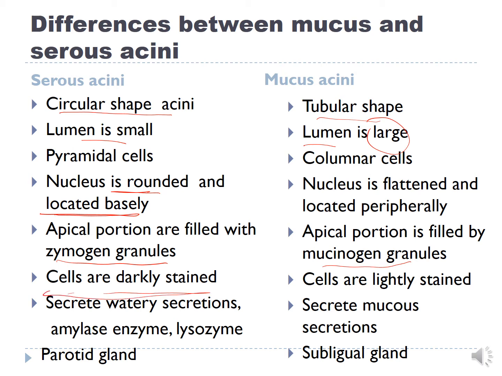The apical portions are stained pink due to the presence of zymogen granules, while the basal portions are stained basophilic. Now why are basal portions stained basophilic? Because these cells are protein secreting cells also, because they secrete various enzymes.